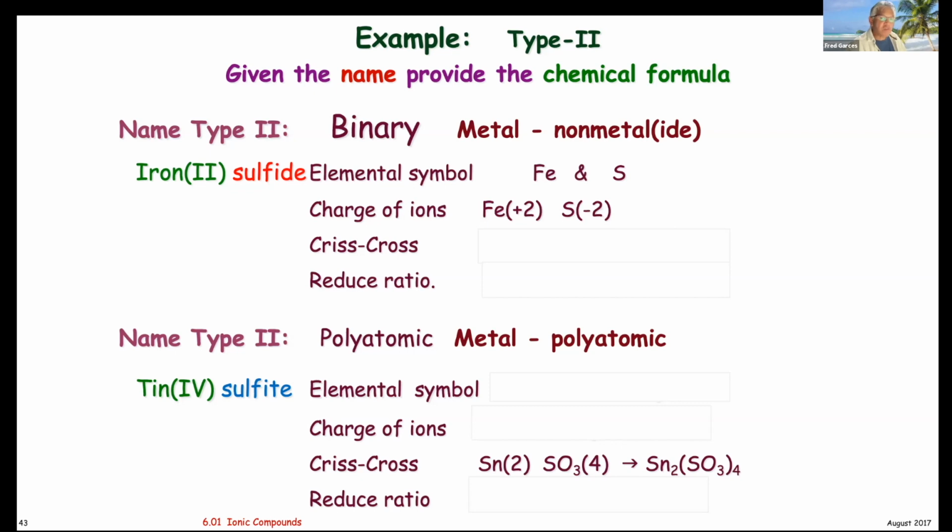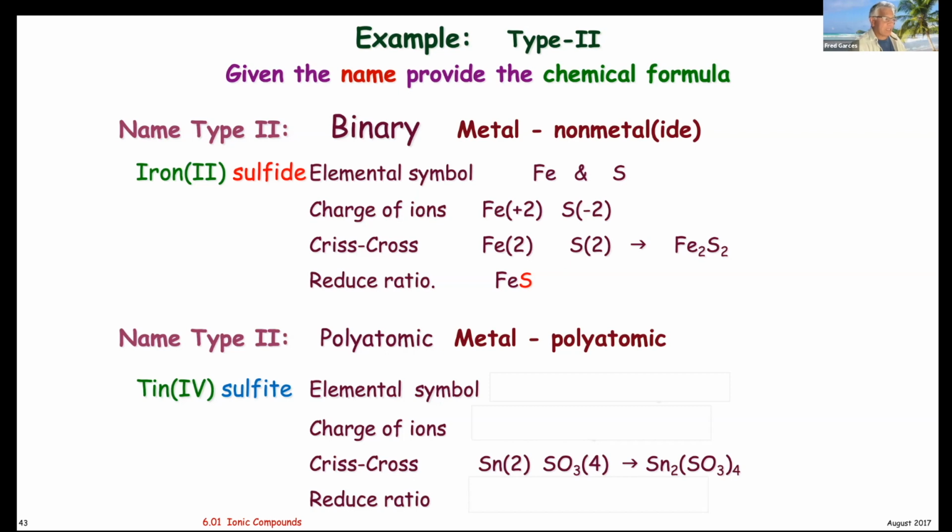We know the sulfur, according to the periodic table, is -2. We do a crisscross, so we write the formula as Fe2S2, but we can reduce that to a lower ratio. The formula is FeS. If you can reduce the coefficient, that's the number at the bottom, to a lower ratio and not a fraction, then do so.